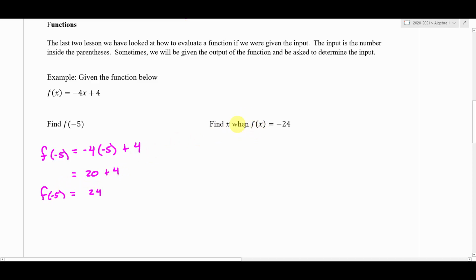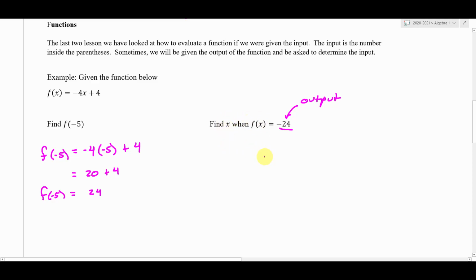Now look at this one. This one's a little bit different. Notice they did not give me the number inside of the parentheses here. It's not there. We don't know what the input is. But they gave us this number over here, this -24. This is the output. So they told us what we're going to get out of the function. Our job is to figure out what goes in.